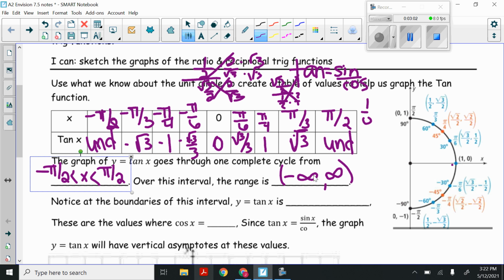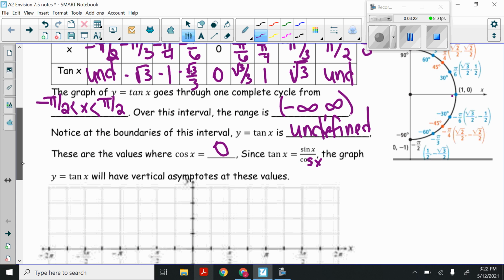Notice that the boundaries of this interval for y equals tangent of x are undefined. These are the values where the cosine of x is equal to 0. Since tangent of x equals sine x over cosine of x, anytime the cosine is 0 and we're trying to divide by 0, it's going to be undefined.